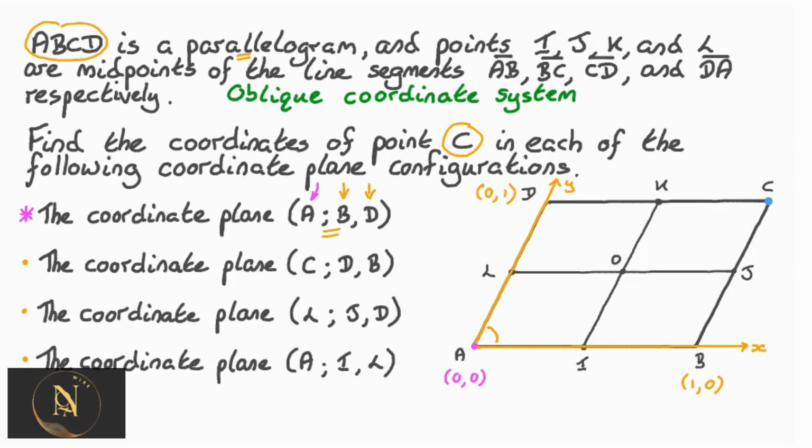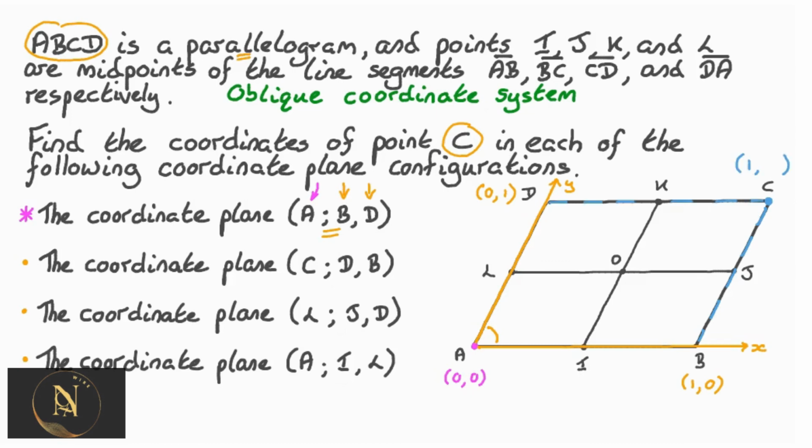In each part of this question, we need to find the coordinates of point C. To find the x-coordinate, we look for a line parallel to the y-axis that passes through point C. This is the line BC, and as it intersects the x-axis at point B, we know that the x-coordinate of C is 1.